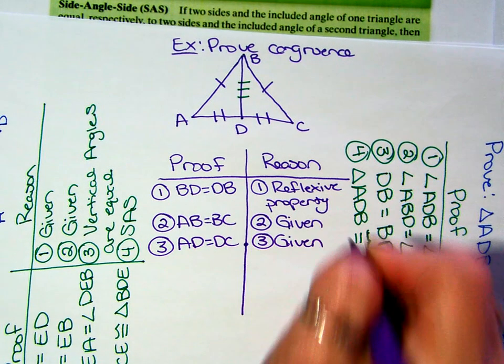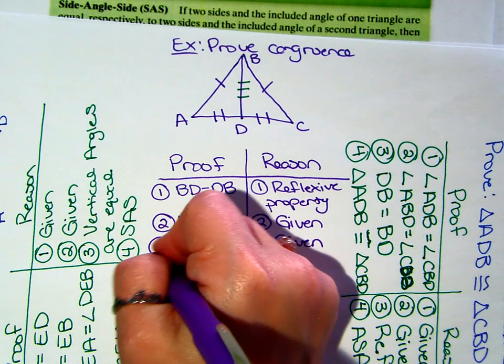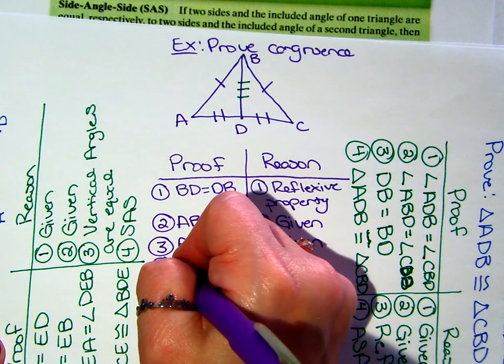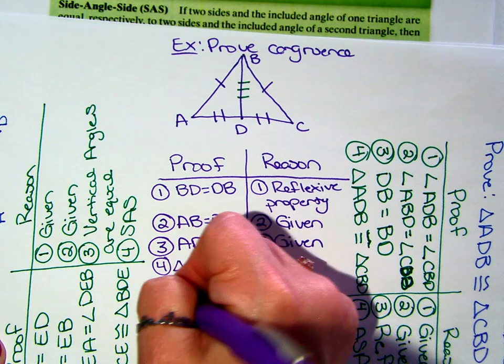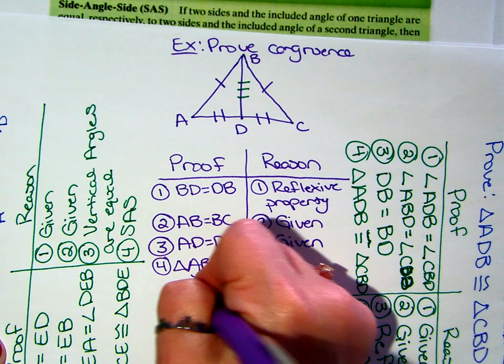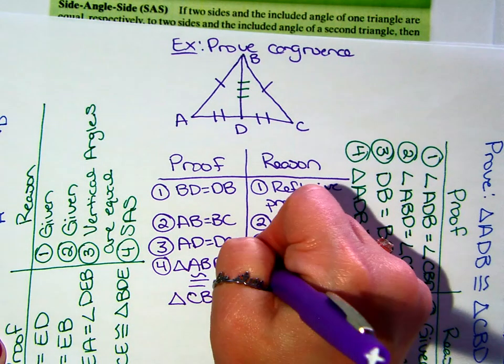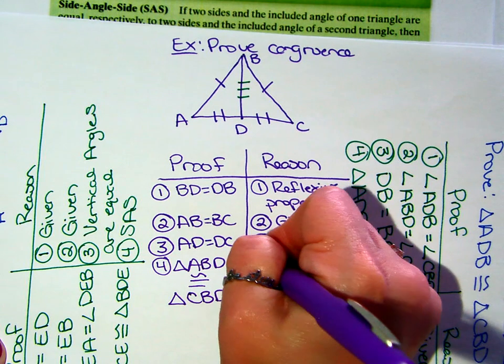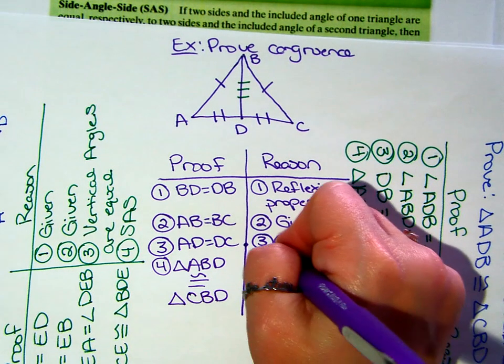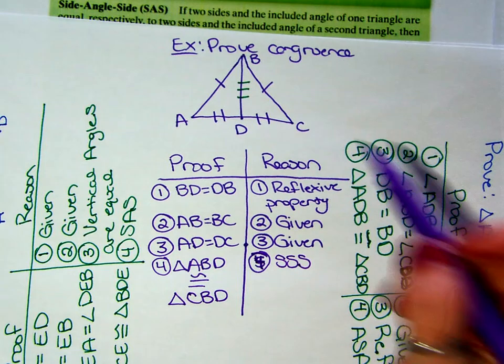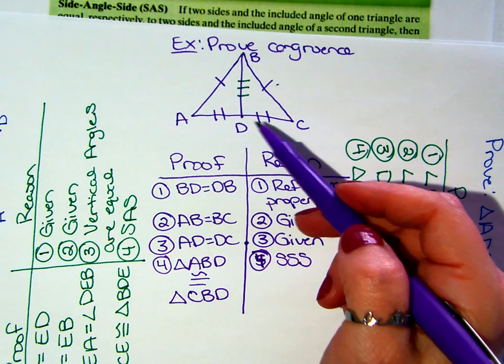So can we confidently say that triangle ABD is congruent to triangle CBD? That's a 4. Side, side, side. This one obeys the side, side, side. This side's equal to that side, this side's equal to this side, and this side is obviously equal to itself.